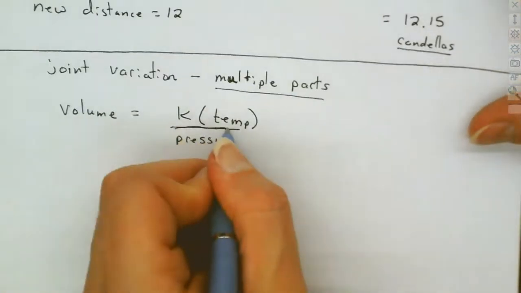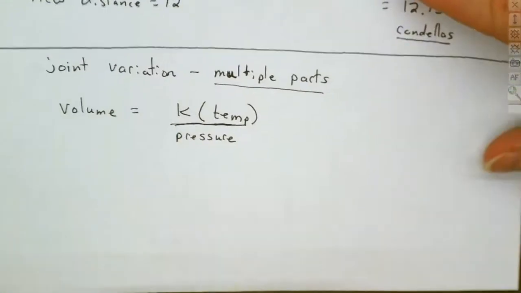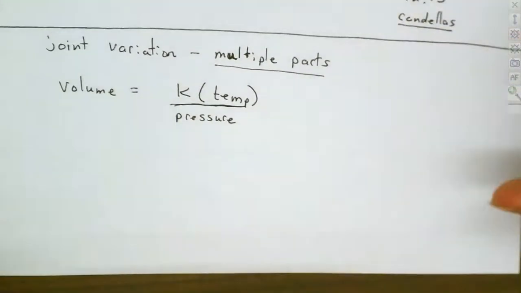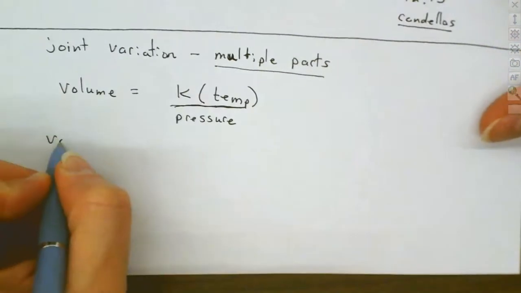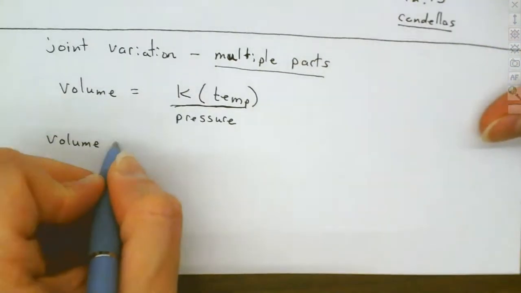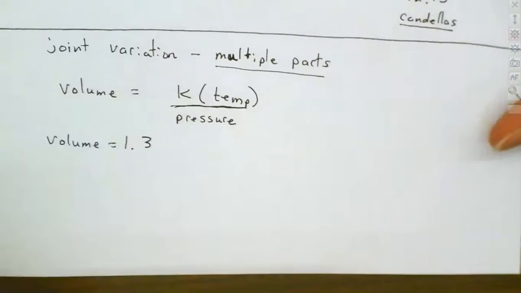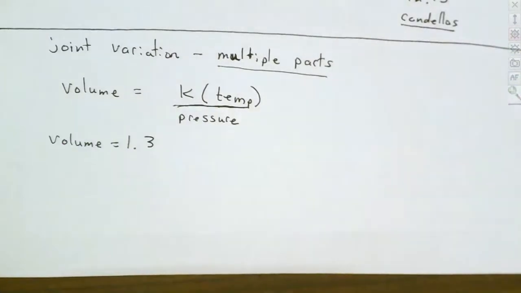So there's our new equation that we're going to work with. And let's see what we've got here. Okay, so the volume of the gas is 1.3 liters. And the temperature is 300 degrees Kelvin.